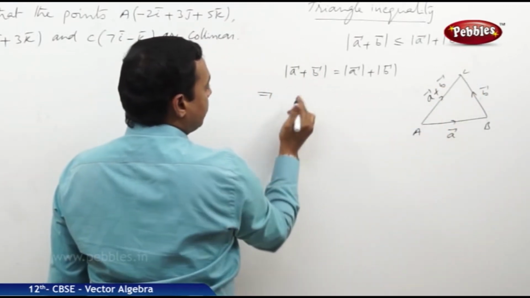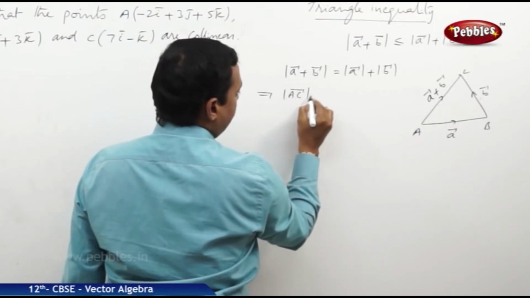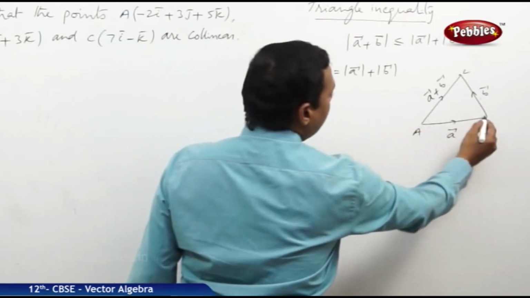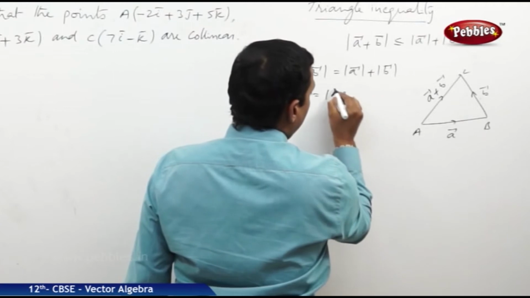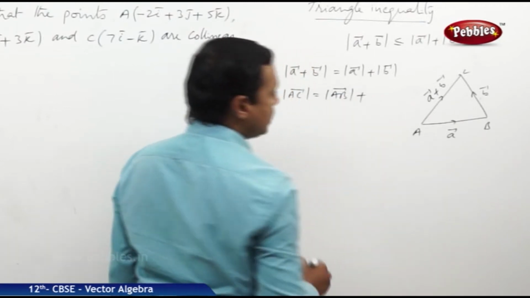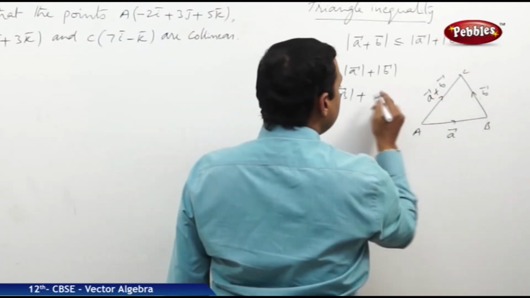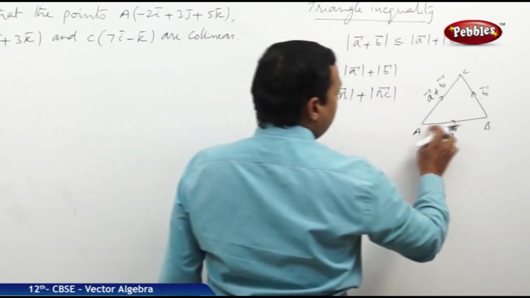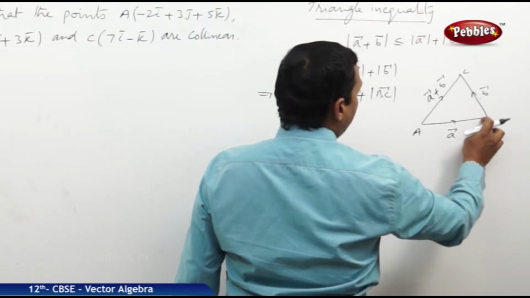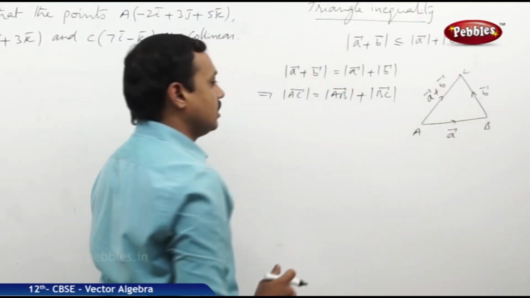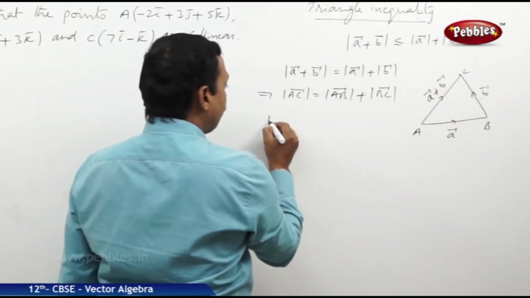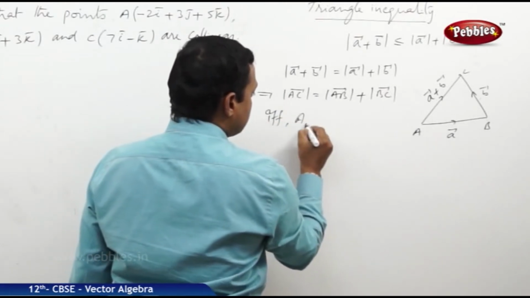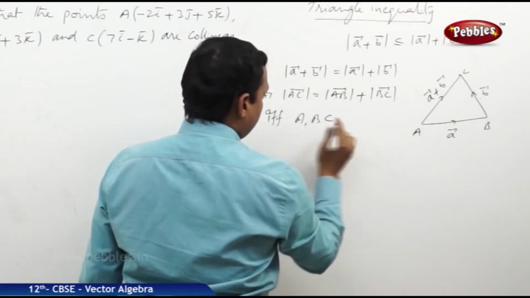The modulus of A plus B is mod AC, mod A is the modulus of AB vector, and mod B is the modulus of BC vector. The sum of AB and BC is equal to AC. It happens if and only if A, B, C are collinear.